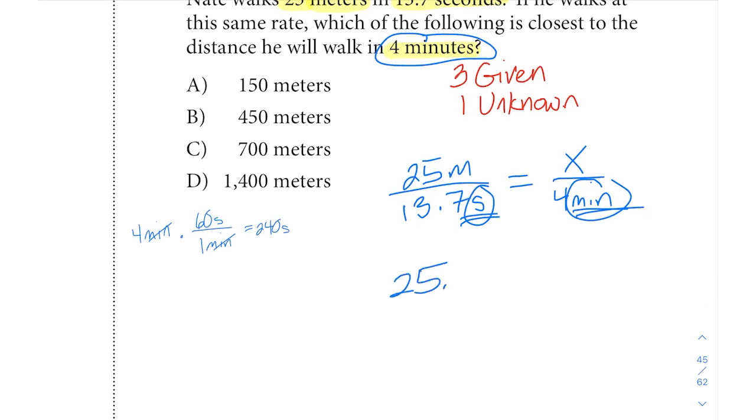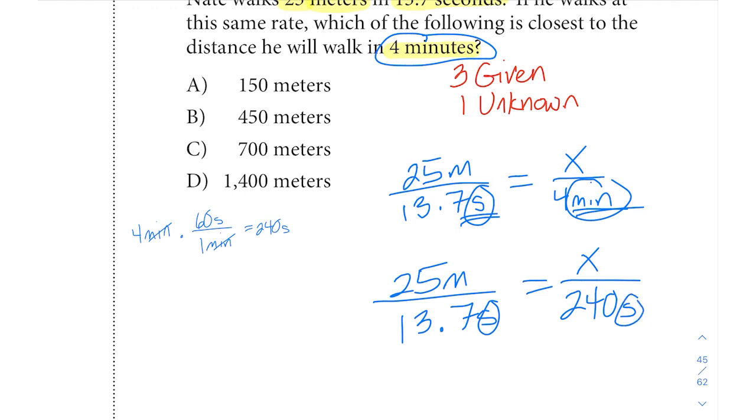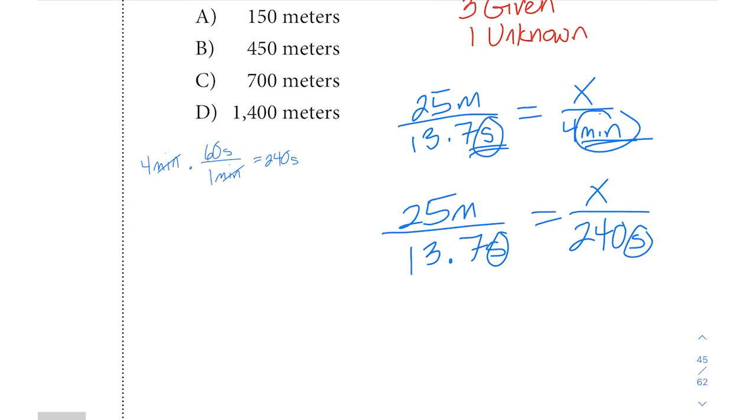But that would be the equivalent of setting up a proportion with equivalent units here. 25 meters in 13.7 seconds is going to equal x meters in 240 seconds. So now we've got the equivalent units aligned, and we can treat this like a simple proportion. We can cross multiply and solve.